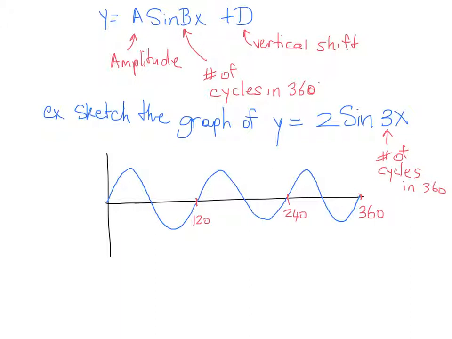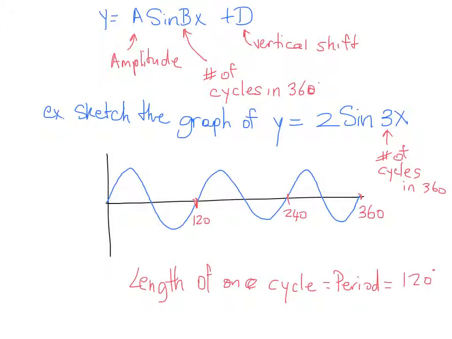All right, the length of one cycle, there's a word for that: the period. In this case, one cycle ends at 120, so the period is 120. The shortcut for finding period, there is a formula for that.